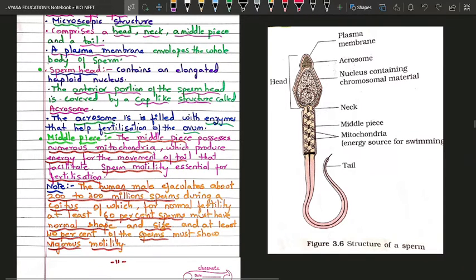So for a male to be fertile... Infertility is a condition wherein either the male or the female is not in a condition to produce the gametes.